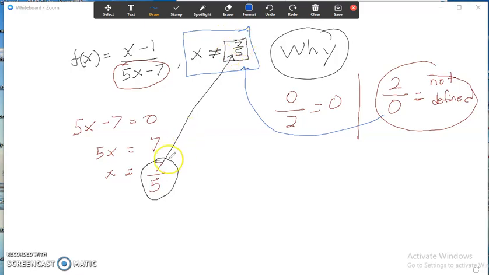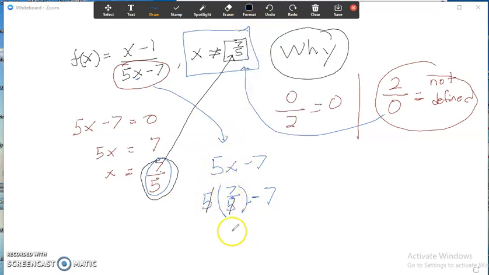Because if I replace 7 over 5 into here, 5x minus 7, and then I substitute 7 over 5, you see, you'll be getting 0. 5 divided by 5, and then you have 7 minus 7, so you will get 0. That's why the x cannot be 7 over 5 over here. That's why they make it in this way.